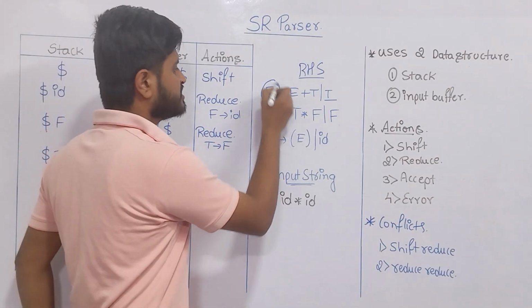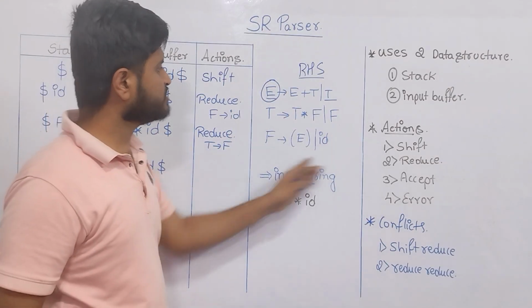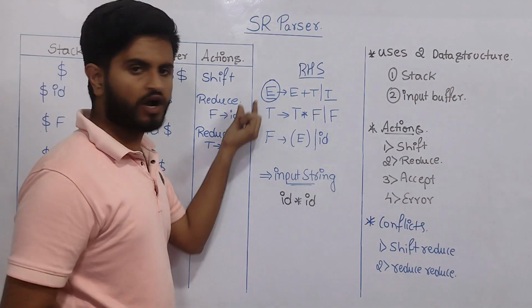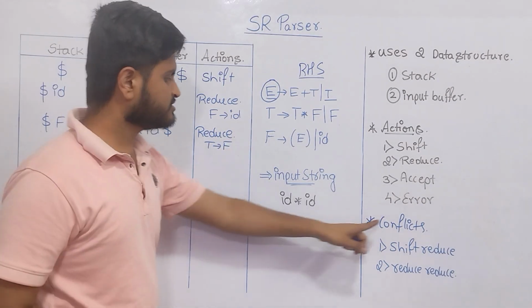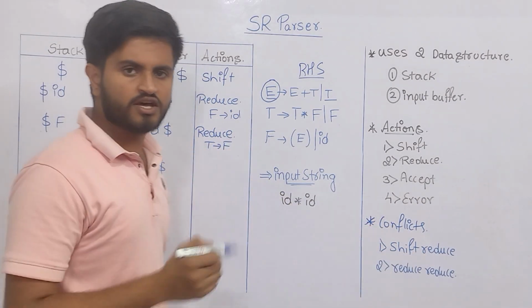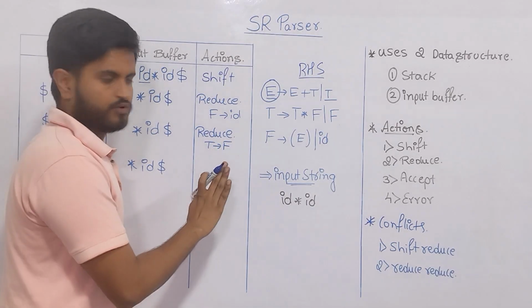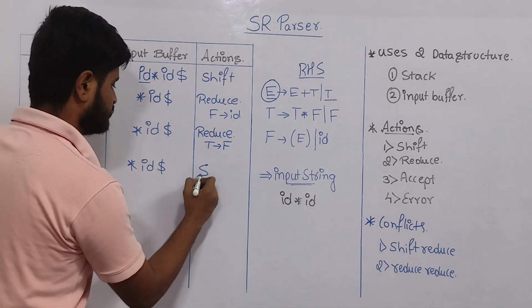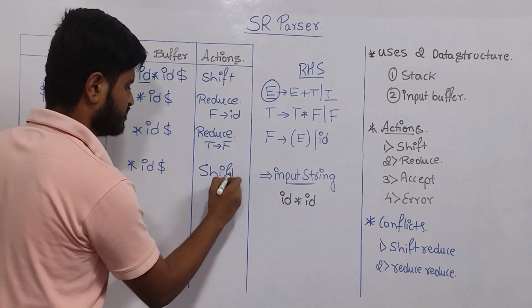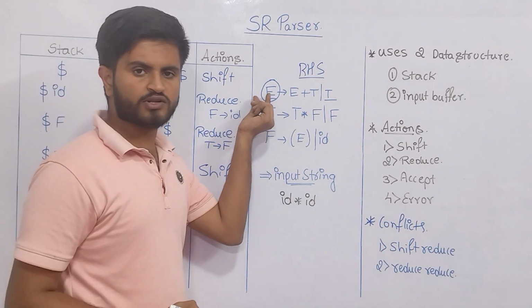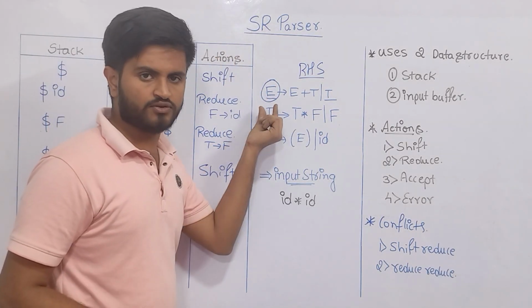But this is the first producer, the first producer of all the productions. So here comes the conflict, shift reduce. Here you will not reduce, you will shift, because the first producer you can't reduce.